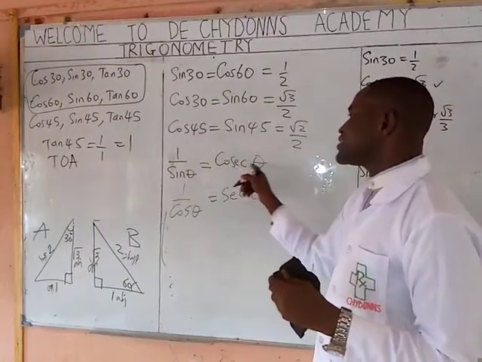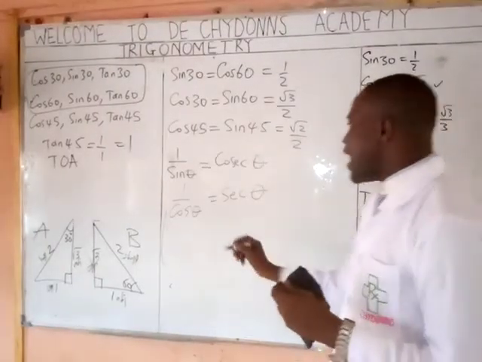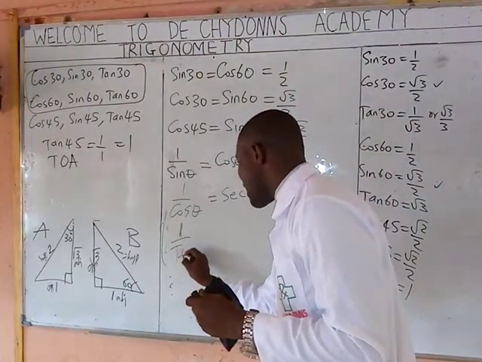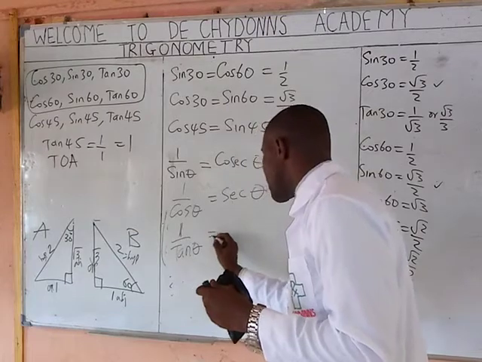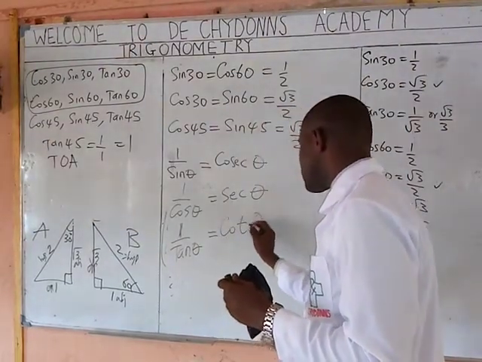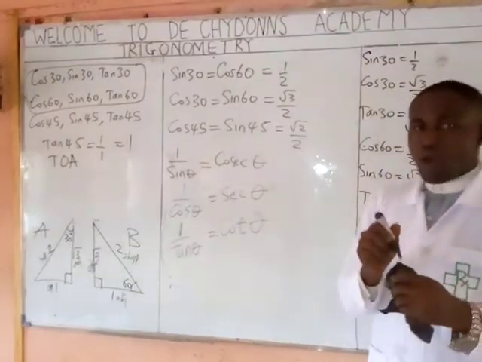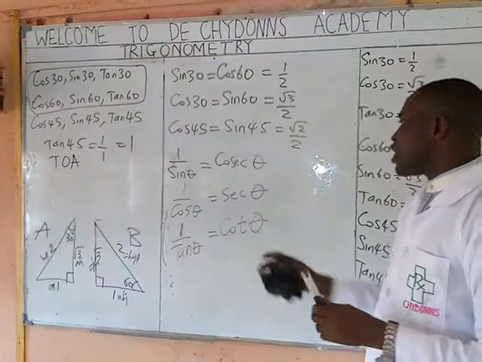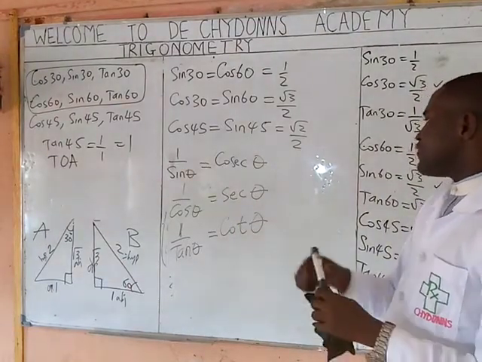This is cosecant theta. Then 1 over tan theta will give you cotangent theta. So this is the inverse of this, and this is the inverse of this.